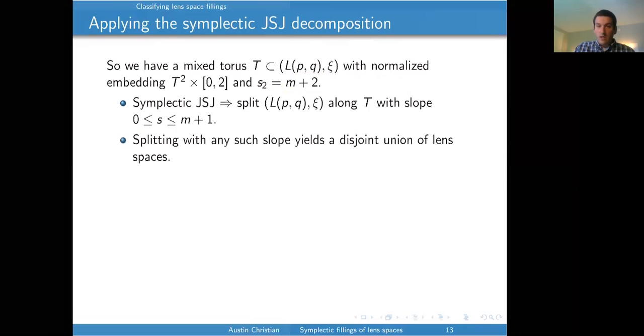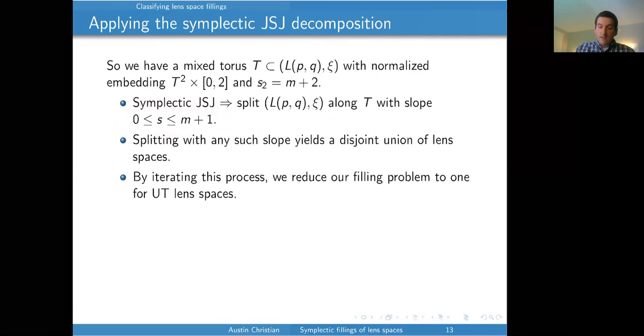Doing so, one can check, will always result in a disjoint union of lens spaces. You can check that just topologically, if you split open with a slope in this range, the result is a disjoint union of lens spaces.